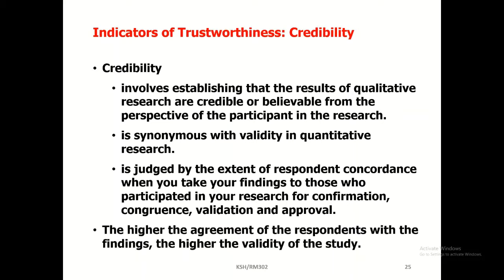That's why it is crucial to send your participants your analyses and interpretations of the collected data, so that they can help confirm that your analyses and interpretations best reflect their perspectives on the issues being explored. Please note that the higher the agreement of the respondents with the findings, the higher the validity of the study.